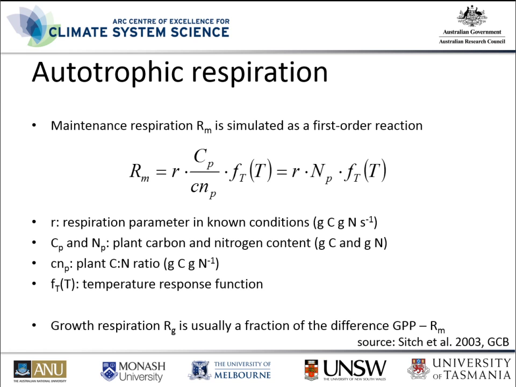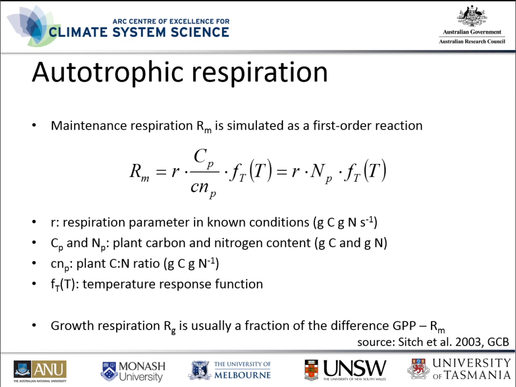This can be fixed in some models if you don't do nitrogen yourself. This is fixed, and then we have once again this function of temperature to describe biological activity. But this is fairly simple then. Just have to know the shape of the Q10 thing. And the other part of respiration is a fraction of the difference between GPP and maintenance, so it's not really calculated in most of the models.